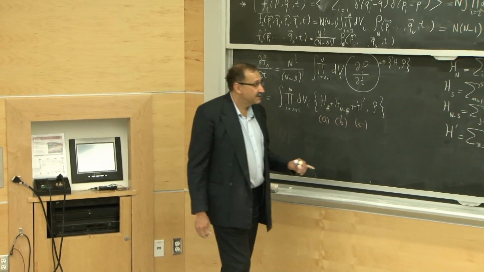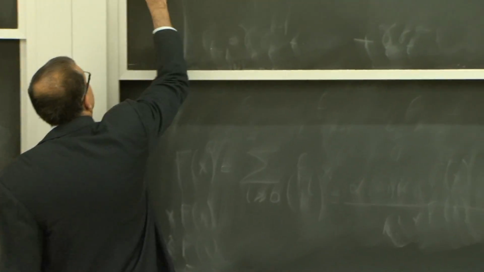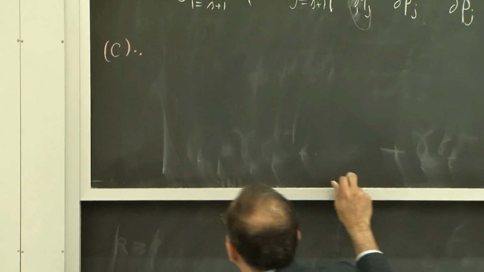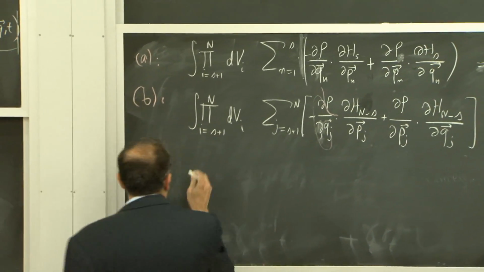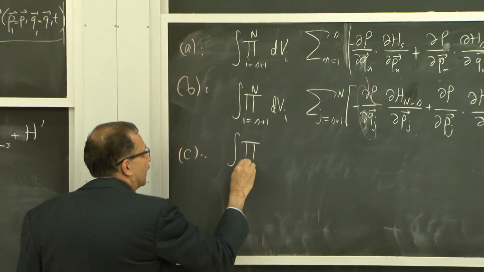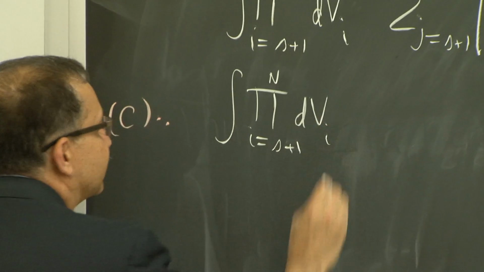So the only thing that potentially will be relevant and exciting is the last term, number c. And so let's take a look at that. So here I have to do an integration over variables that I'm not interested in.